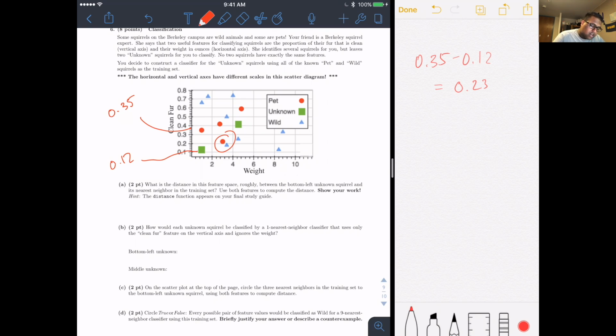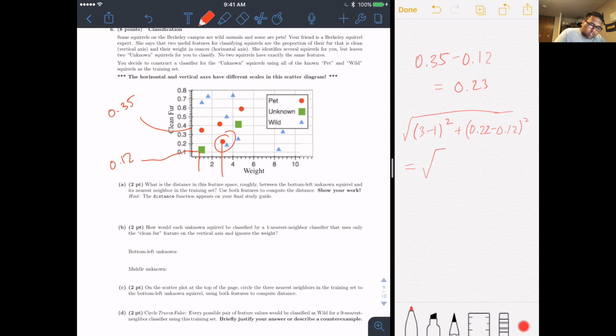And if we wanted to calculate that distance, well, the change in weight, or in the x-axis, is 3 minus 1, right? So this is about at 3, this is about at 1. So 3 minus 1 squared. And here the y difference would be approximately 0.1, so let's say 0.22 minus 0.12.